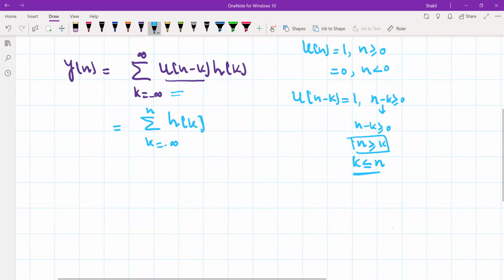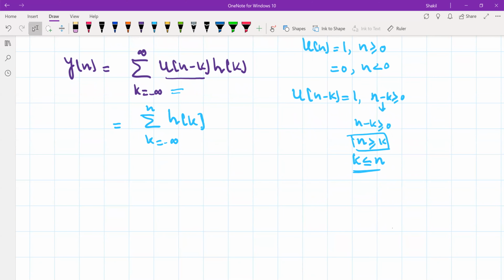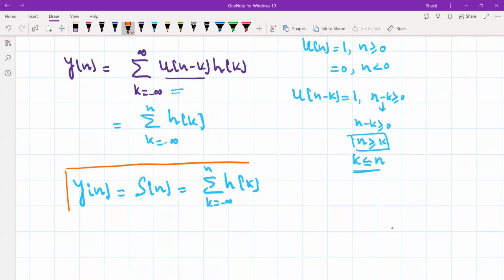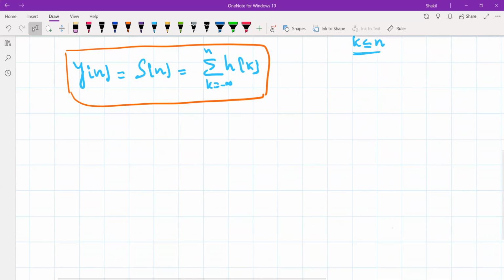Means when the input to the system is u of n, the output of this LTI system is this. And let's denote this by a special name, S of n. S of n is the step response of this system.